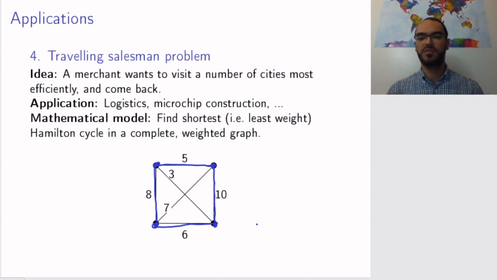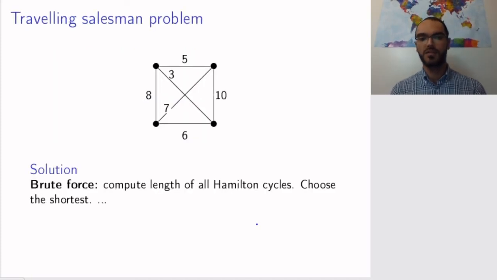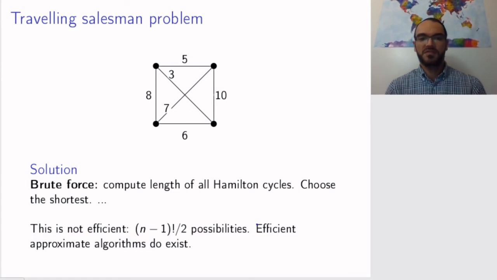So how do you solve this, to find the Hamilton cycle with shortest length? Easy. Just look at all possible Hamilton cycles. I mean, how many can there be? Calculate their lengths, write them in a list, and choose the shortest one. Well, if your graph has 4 vertices, that's not a huge problem. But in general, there are (n minus 1) factorial over 2 possibilities.